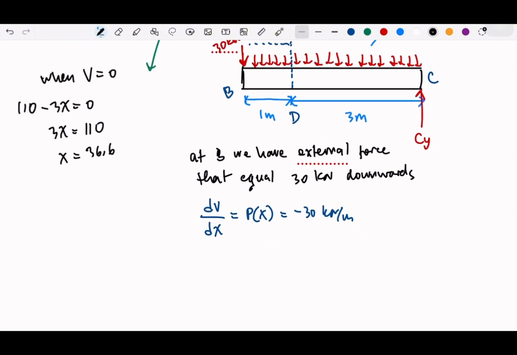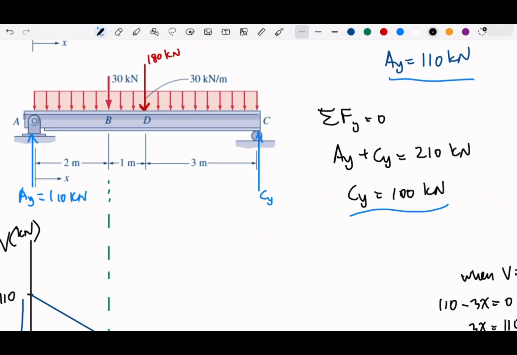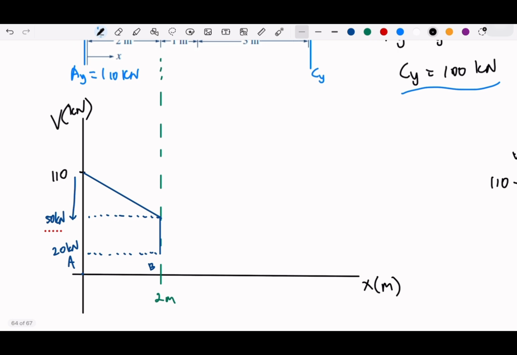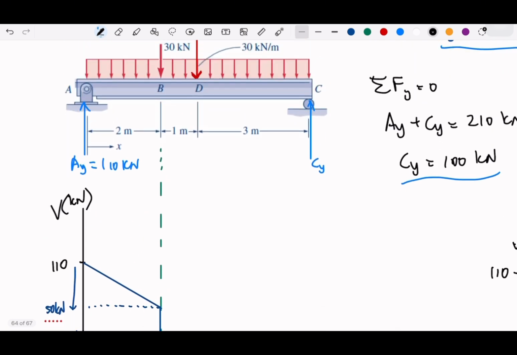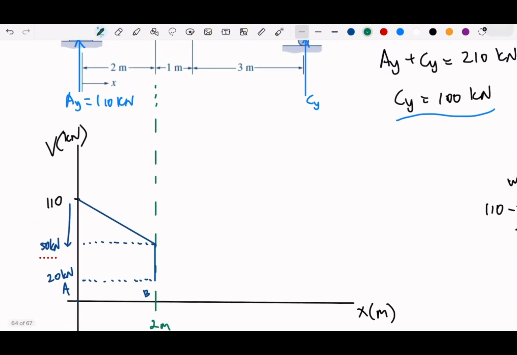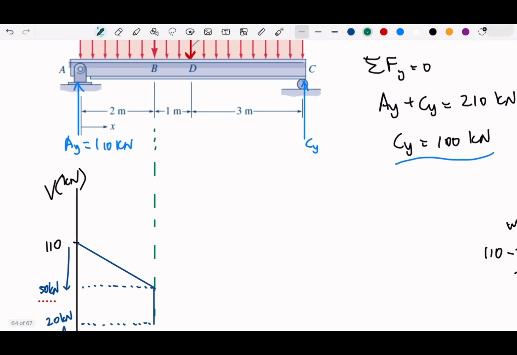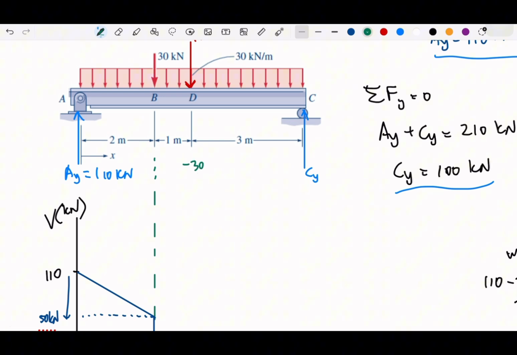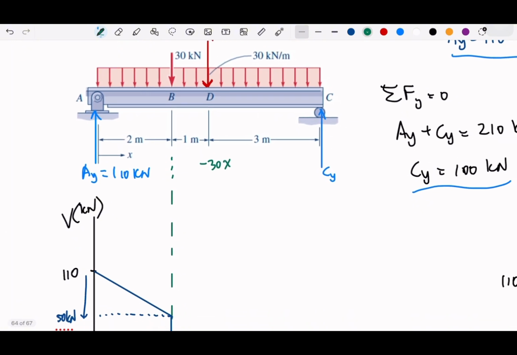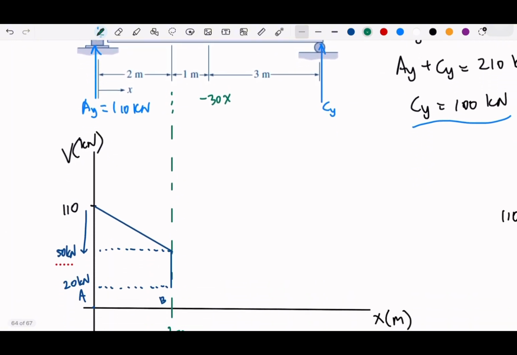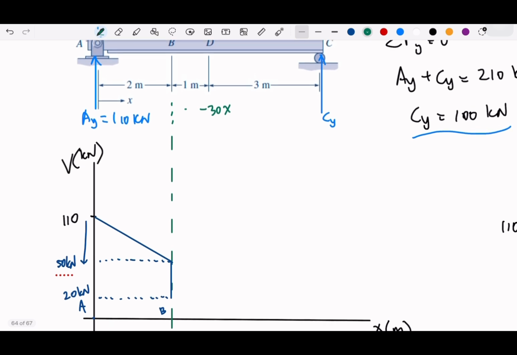Anyway, we have 30, and then we have at C. So we have 20, and then we move 1 meter, so we have negative 30. So this one is negative 30x, but we start from 20.